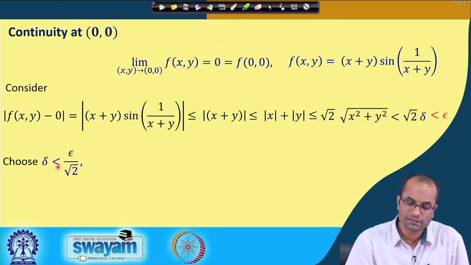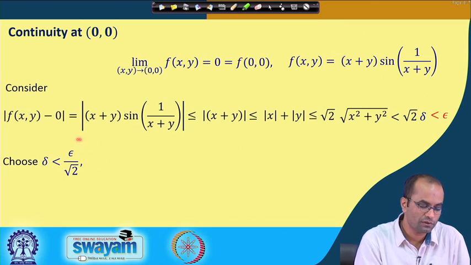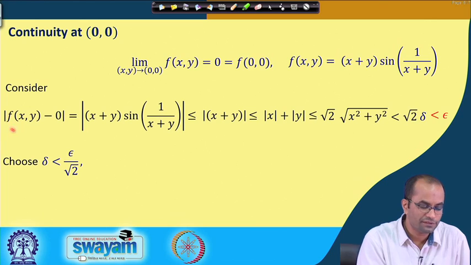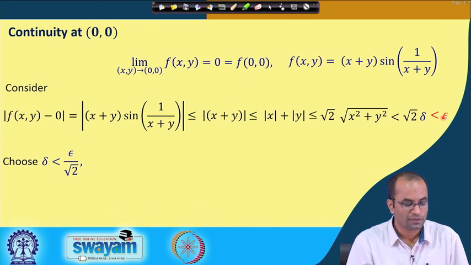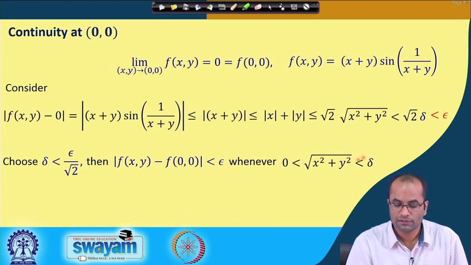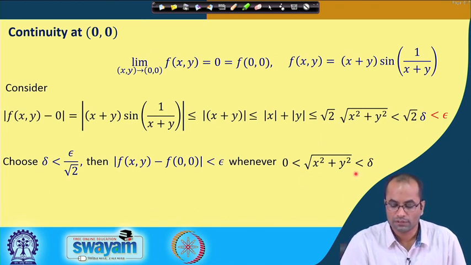So, choosing delta as epsilon by square root 2, because epsilon is given, we can find this delta by this relation, anything smaller than epsilon divided by square root 2, and then this difference is less than epsilon whenever we choose x y from the delta neighborhood of the 0 point.